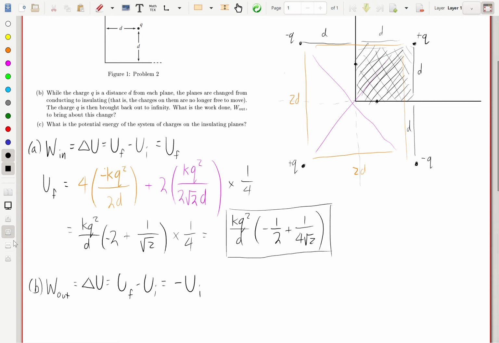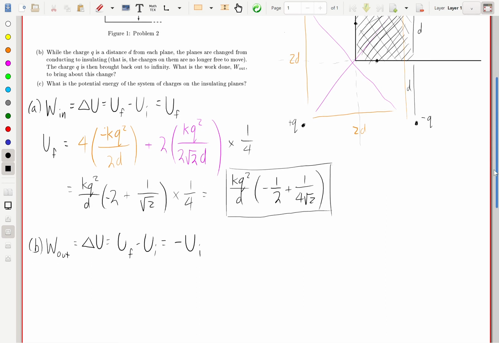So instead, we've only looked at the potential energy of our particle plus q at the top right corner here. Its potential energy at infinity is going to be 0. So we only want to care about the electrostatic interactions that it is involved in, so that it only interacts with 3 other test particles.